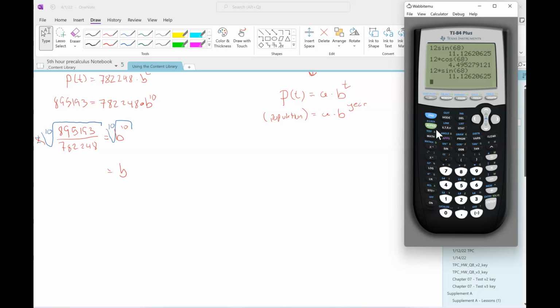All right. Who remembers how to type a 10th root into their calculator? All right.